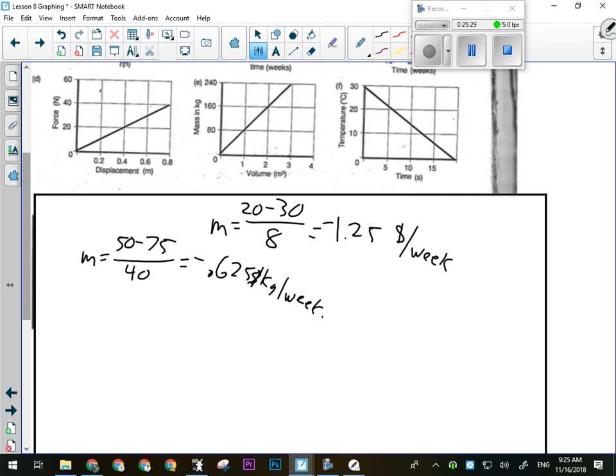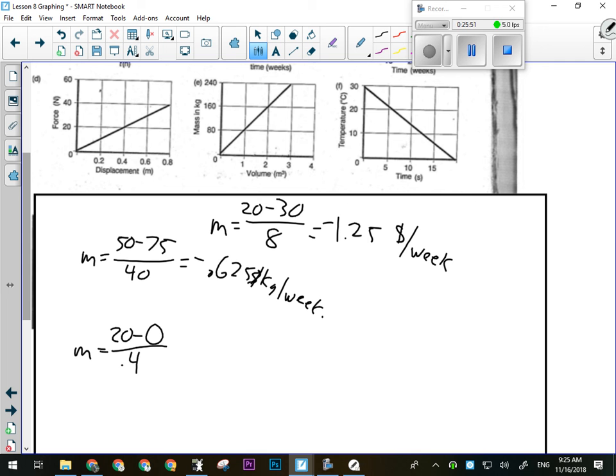For D here, we've got force in newtons on the y-axis. We've got displacement in meters on the x-axis. We want to find the slope. So again, we'll go m equals, and I'm going to use 20. I'm just going to pick a different one. I'm going to use 20 for y this time. Okay, 20 minus 0. Looks like B is 0 on that one. And that happens for me over 0.4 meters.